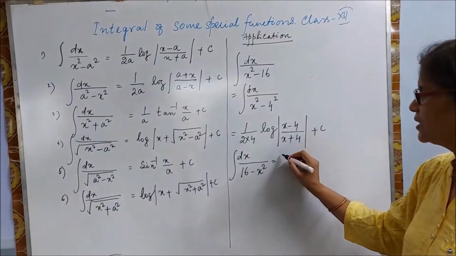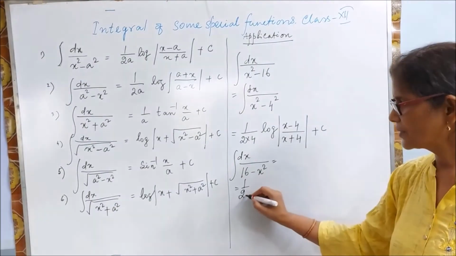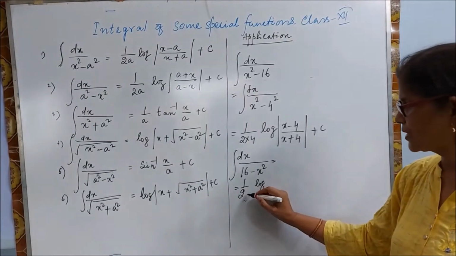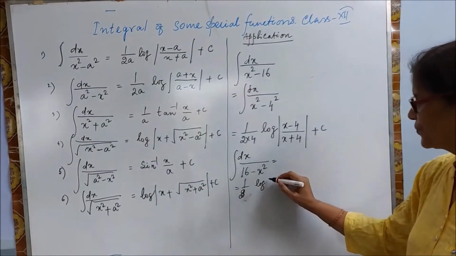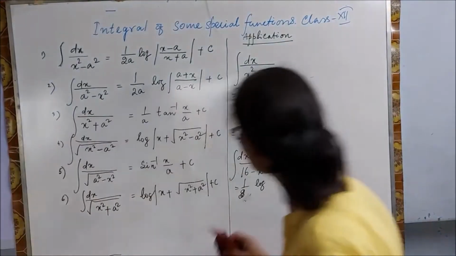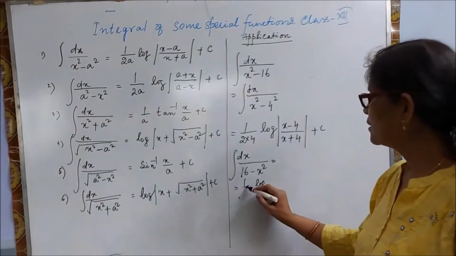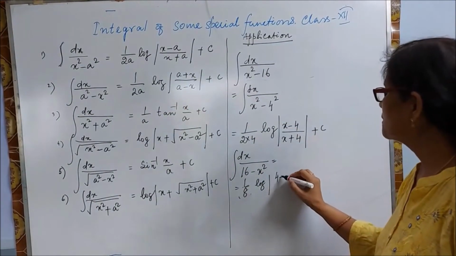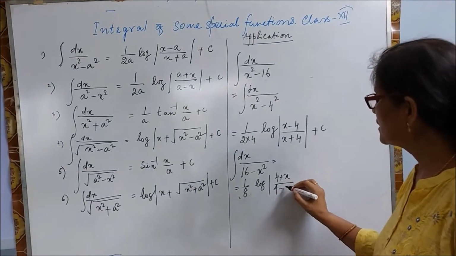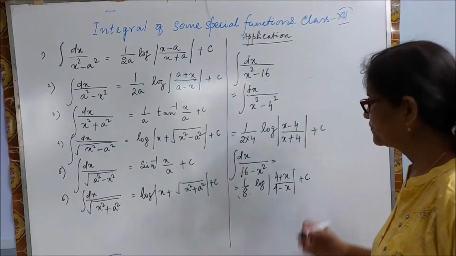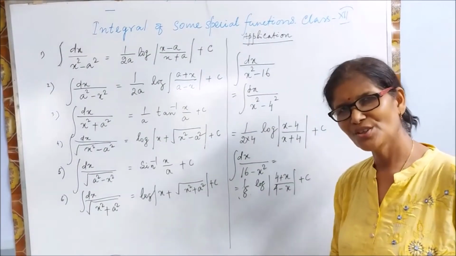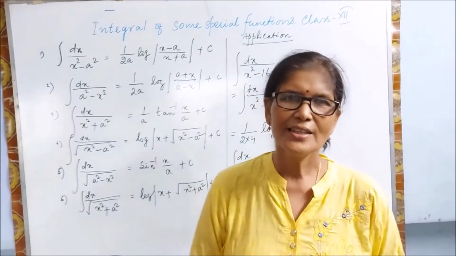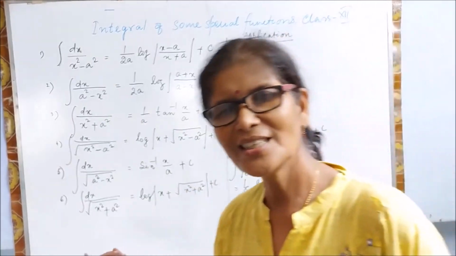This will be 1 by 2a, and 2a means how much? 2 into 4, that will be 8. So it will be 1 by 8 log of (4 plus x) by (4 minus x), plus c. So you have to put the question into the formula format, then find only a and put it in the formula, then it is easy.